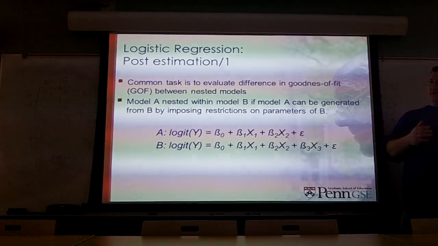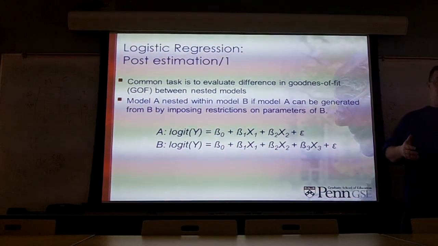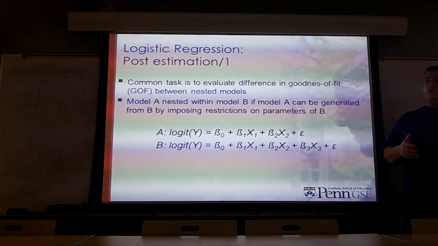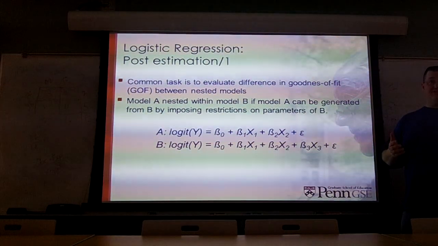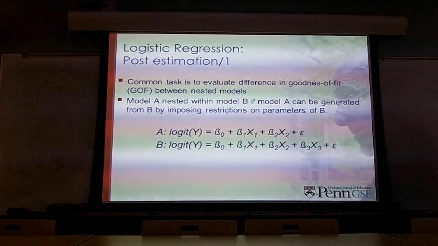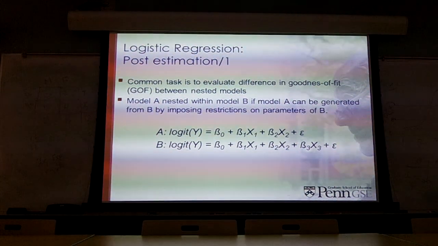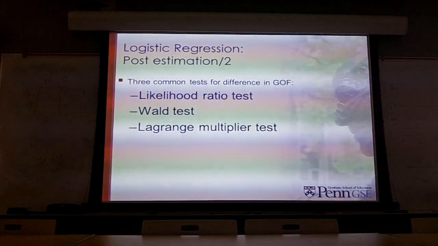Is it worth it to make a more complex model? If we think back to the basic tenets of science, science seeks parsimony, right? So two competing models that are equally as good, we ought to choose the model that's simpler. That's one of the goals of science. So how are we going to do that?